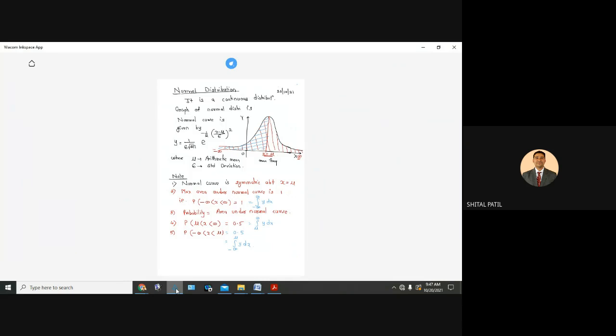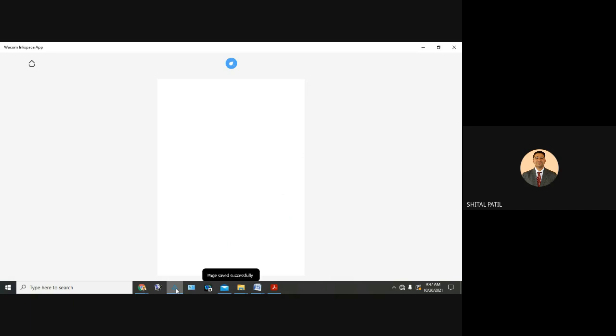So see now what our aim is. Sixth, to find the probability between x equal to mu and x equal to x1.